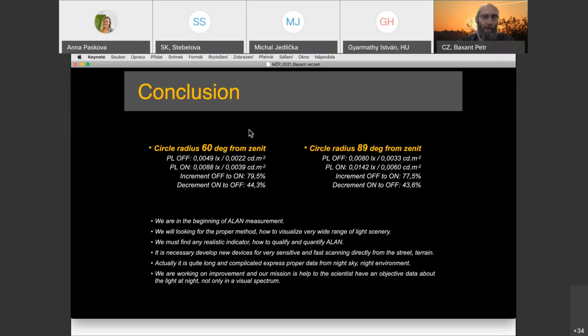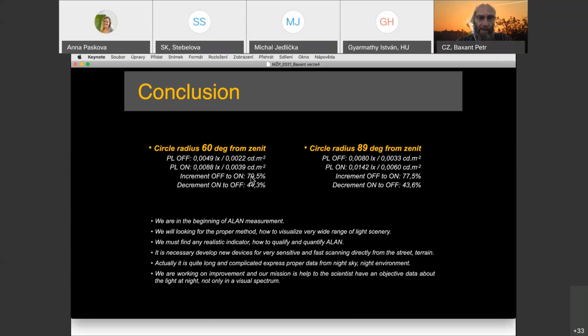If we compare the circle radius 60 degrees from zenith with public light off and on, we can separate the numbers of illuminance, which are really very low, and also the luminances in candela per square meter, and can compare the increment when we exchange the public light from off to on.